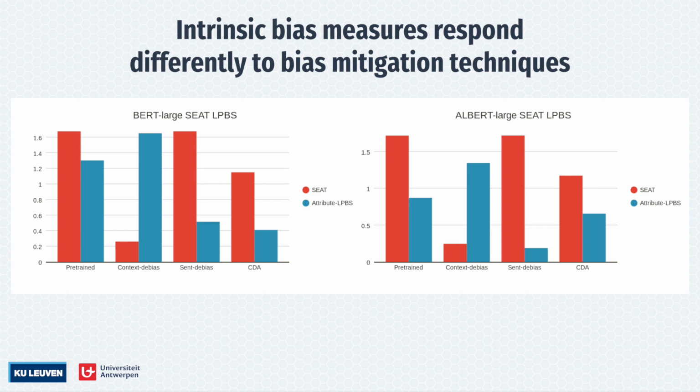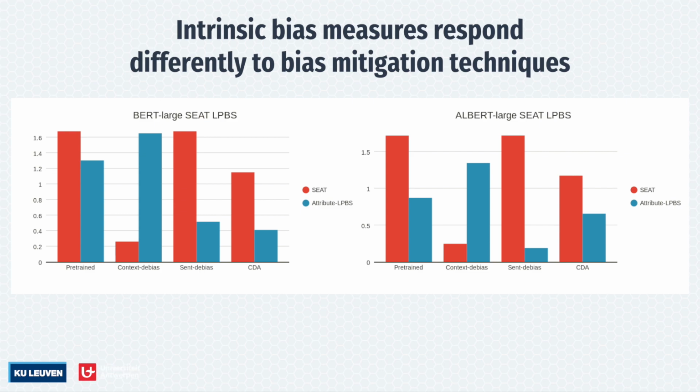For example, with Context-Debias, we have a very low score for SEAT for both language models, but the opposite is true for Sent-Debias, where we have a low bias score for the log probability bias score. So we can conclude that there are indeed differences between bias metrics, and they respond differently to these mitigation techniques.